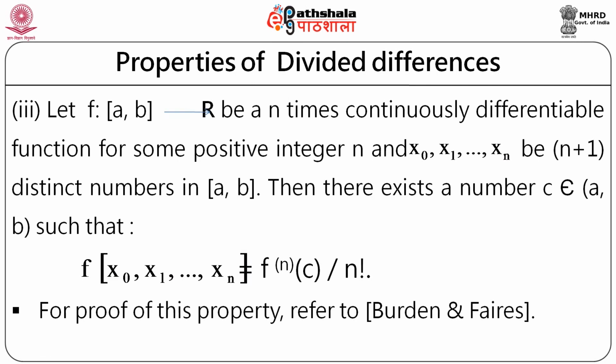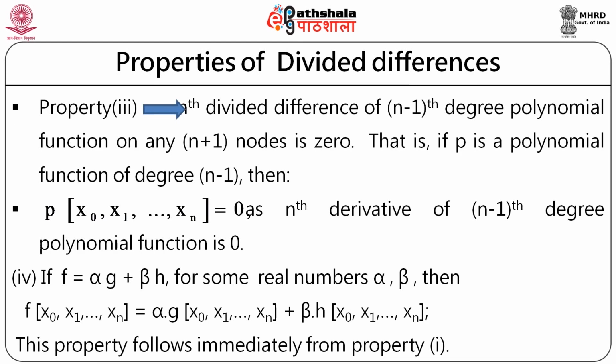The properties of divided difference, we are again continuing with this. So, this is our next property, property 3, we are talking about now. We have seen property 3, and now property 3 implies that the nth divided difference of an (n minus 1) degree polynomial function on any n plus 1 nodes is 0.